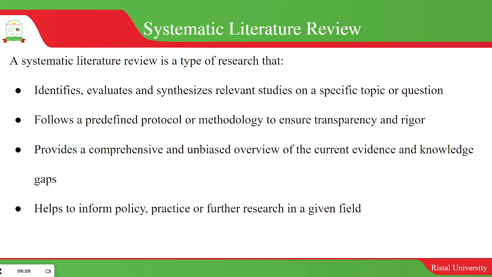So systematic reviews, which are basically called the systematic literature review, is a type of research study where you collect or you review and evaluate different research studies that have been done on a particular topic, and then come up with a synthesis of all these studies that you have analyzed and evaluated.